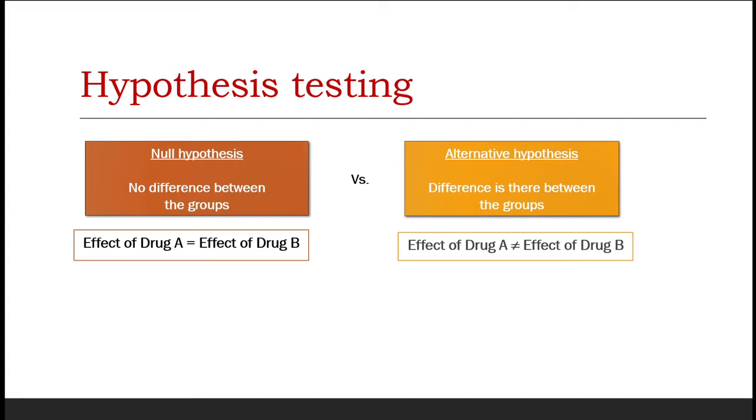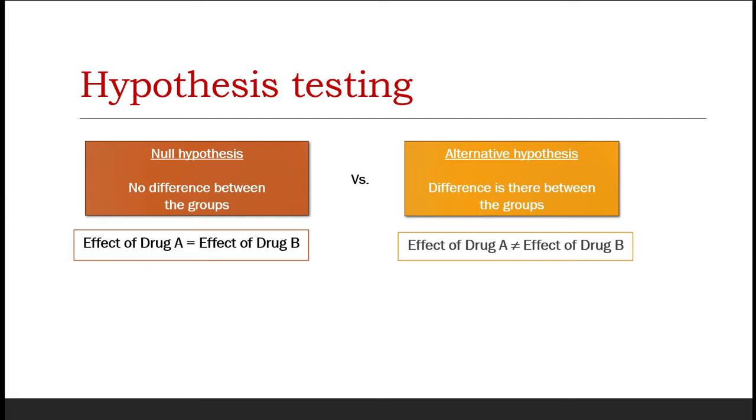So what is null hypothesis and how it is different from alternative hypothesis? By these two hypotheses we consider the effect of two groups, whether the effect is existing or not. Let's assume that we want to see the effect of two drugs A and B on the reduction of serum glucose level.